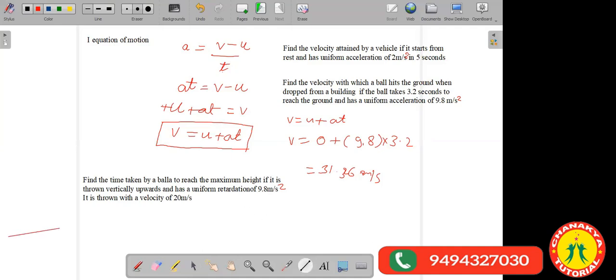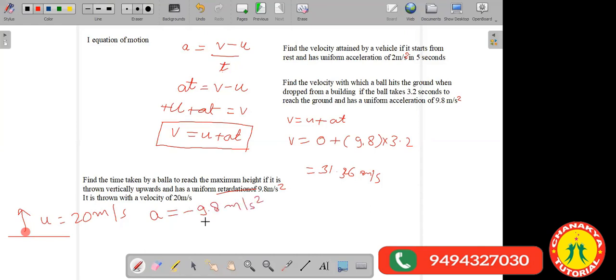You are throwing a ball vertically upward with a velocity of 20 meter per second, and it has a deceleration, a retardation. Retardation means negative acceleration, so we write acceleration as minus 9.8 meter per second square.